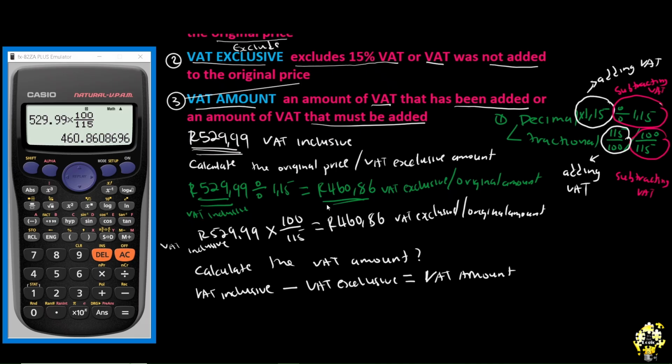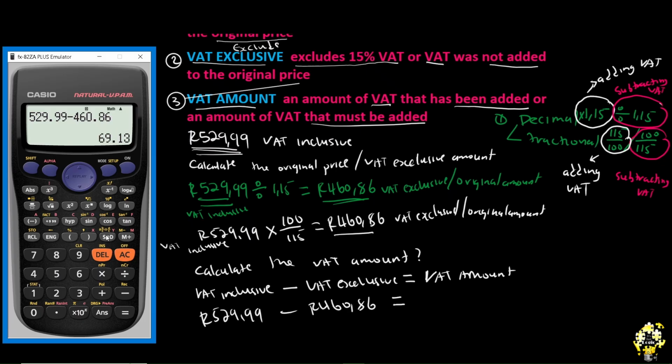What's our VAT inclusive? It is 529.99. What is our VAT exclusive, the original amount? It's this one that we have calculated, 460.86. What's the answer? So let's come here, say 529.99, subtracting 460.86.